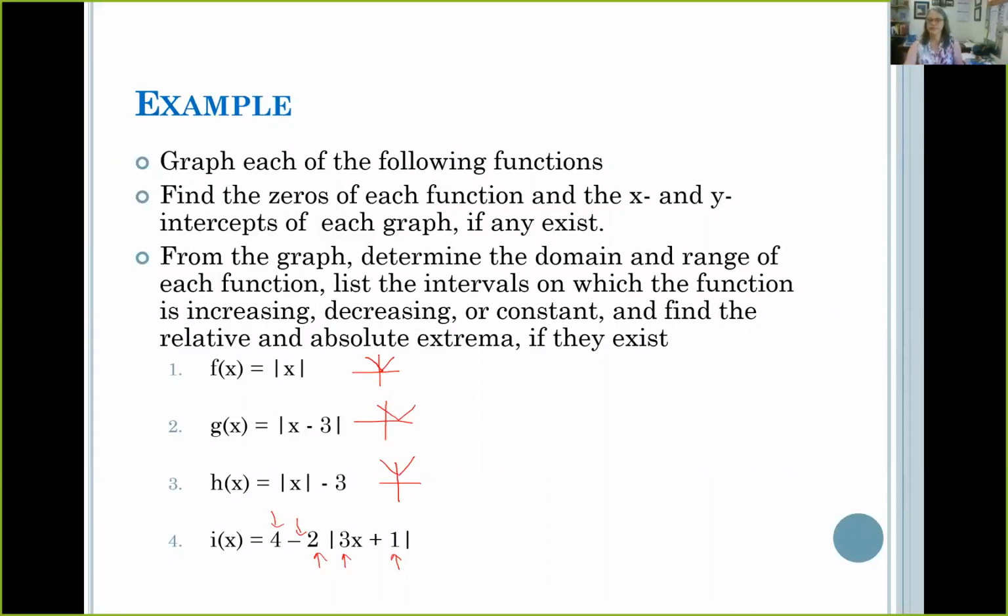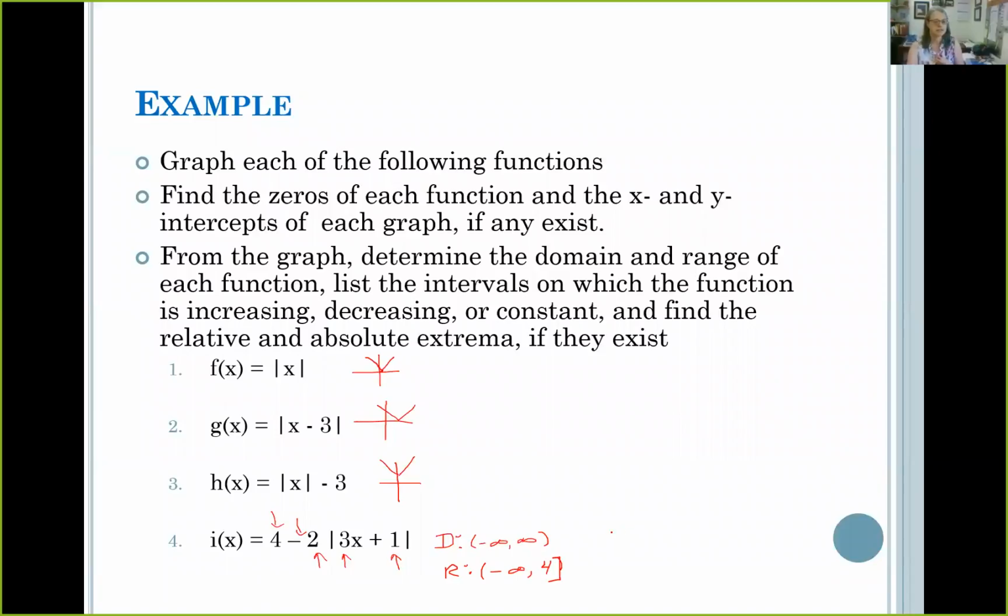Okay. So what is the domain? Well, I can plug in any number, right? So my domain is -infinity to infinity. What's my range? Well, that's -infinity up to what? 4. Can't get anything bigger than 4, but I can get 4, so I use a square bracket.